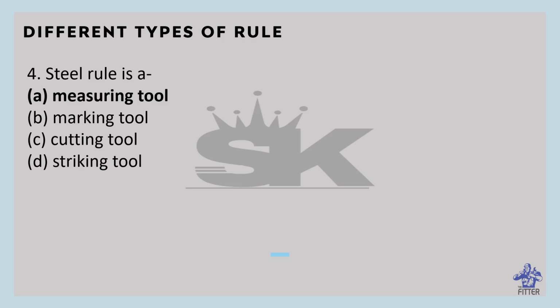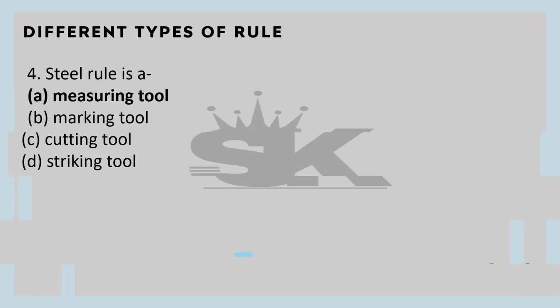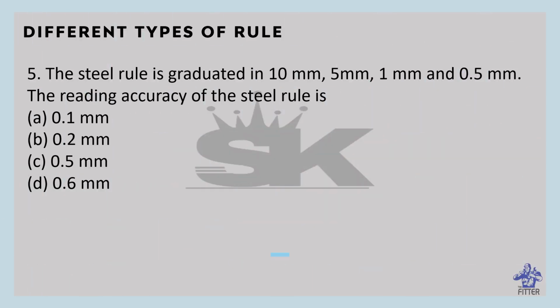It is available in different lengths, the common sizes being 150 mm, 300 mm, and 600 mm. The steel rule is graduated in 10 mm, 5 mm, 1 mm, and 0.5 mm. The reading accuracy of the steel rule means the least count, that is 0.5 mm.